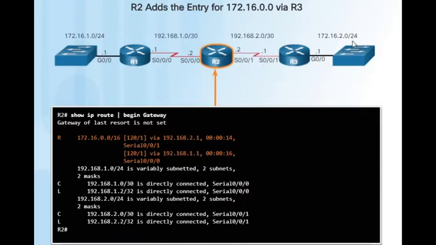In fact, we have two networks that are supposed to be updating R2's routing table, but we only see one. That is because when there are two entries with identical metrics in the routing table, the router shares the load of the traffic equally among those two links. Remember this. That is also known as load balancing. Now, by just looking at the routing table, you will definitely notice that there's something wrong.